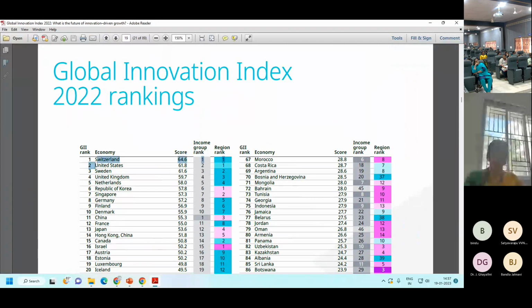So here Switzerland stands first with the score of 64.6. So this is the country which is standing first in the performance list of Global Innovation Index. So it is coming under the income group rank 1 and also region rank 1. Score is 64.6. Before this, it's coming above United States.